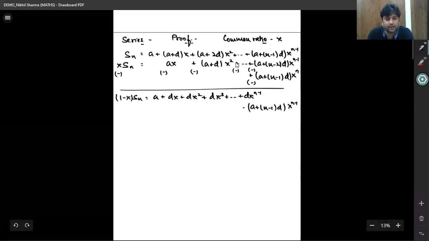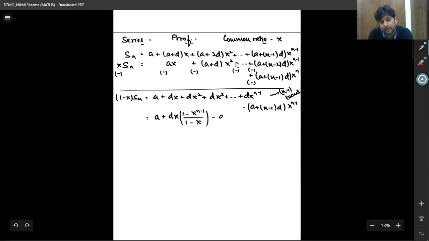Now, as you can see, dx squared till dx raised to the power n minus 1, all these terms are in GP. So you can easily find the sum for these n minus 1 terms. How many terms are here? These are n minus 1 terms. So this would become a plus dx times 1 minus x raised to the power n minus 1 whole divided by 1 minus x. I hope this is clear to all of you.